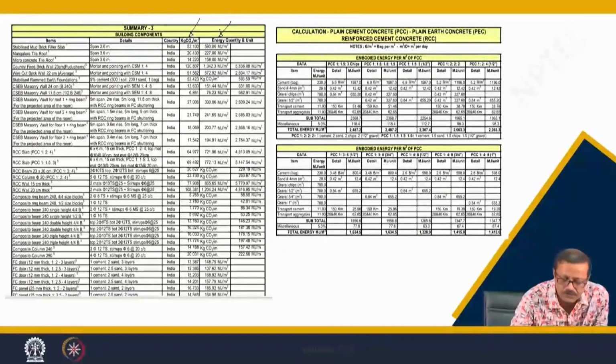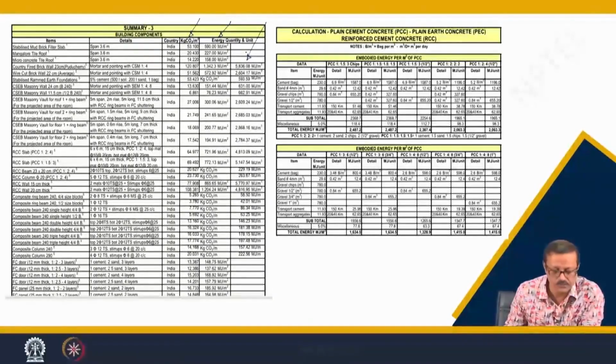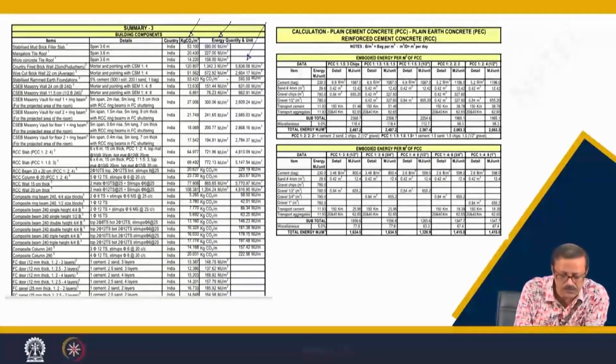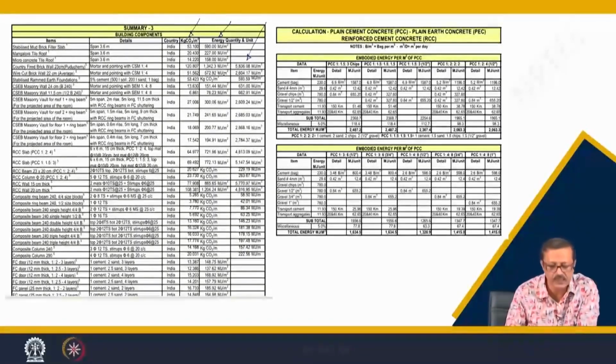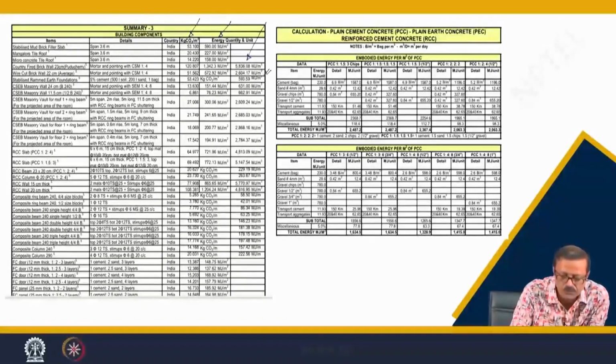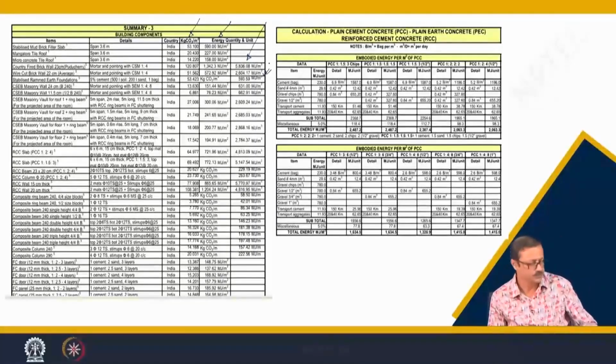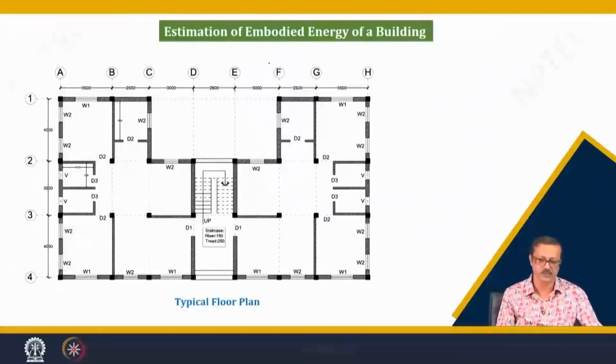Based on different criteria they have selected these, in the sense that if you see the unit, it is a little different. The first one is megajoule per meter square, which is based on area, and this is megajoule per meter cube, which is based on volume. So, we can use this data.